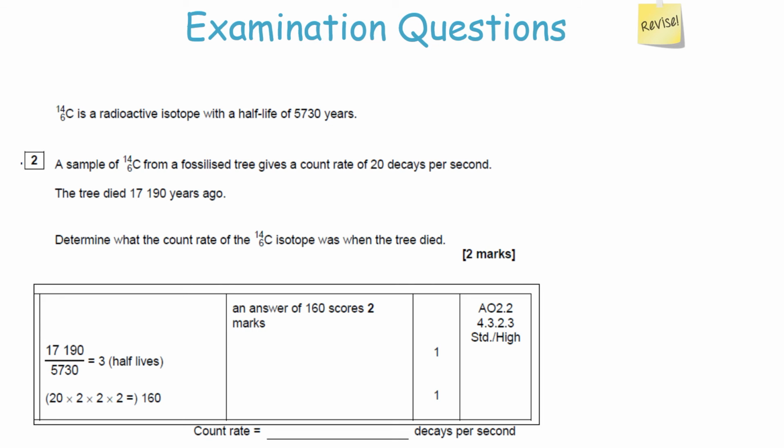It tells you the time in which the count rate or the activity or the number of nuclei halved. So going forward in time it halves, and going back in time it doubles. It starts at 20, so at the start of that half-life cycle it was at 40. Before then it was at 80, and before then it was at 160. So therefore our answer is 160 decays per second.